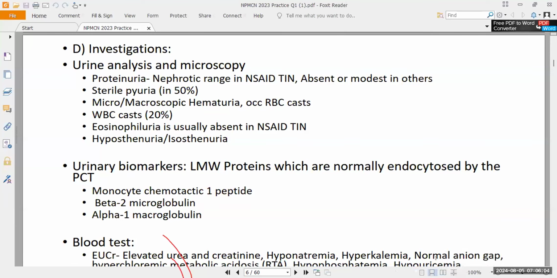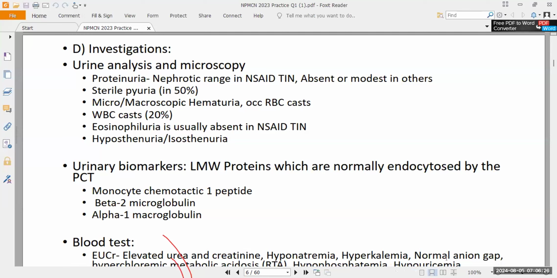The patient can also have sterile pyuria, in which there will be pus cells, but absence of cultured organism. The patient can also have microscopic or macroscopic hematuria.